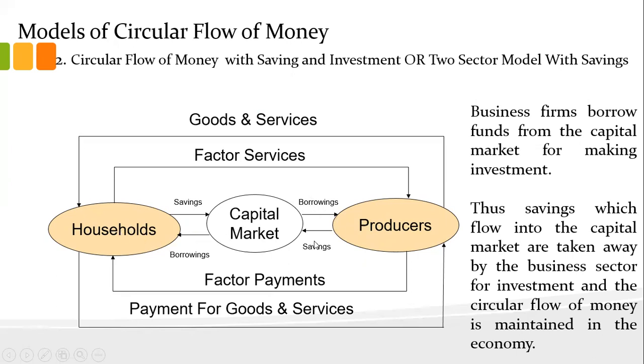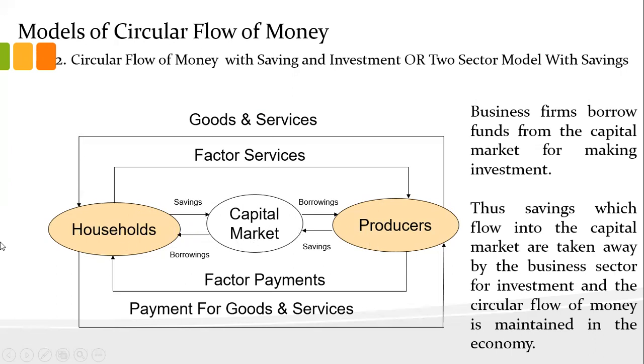Household sector and producers both do savings or investment in the capital market, and from that accumulated capital they get borrowings. If you need to buy a car, you will borrow from a bank. Or if producers want to start a new business, they will also go to the capital market and borrow from there. When borrowing happens, they have to pay interest in return.